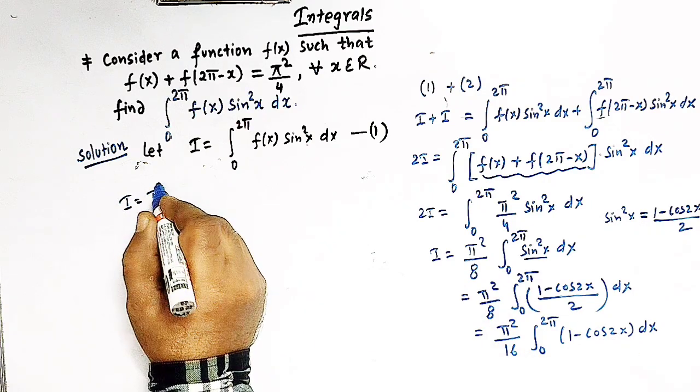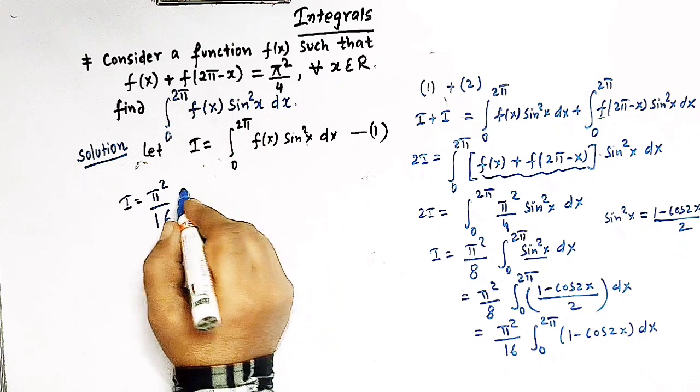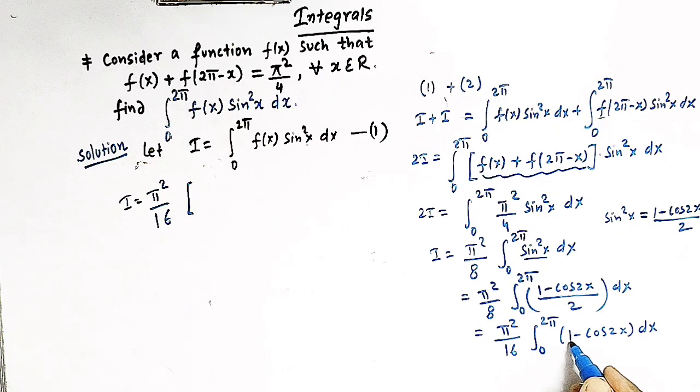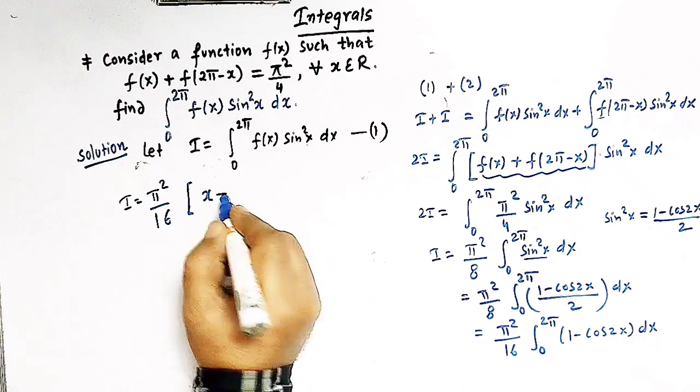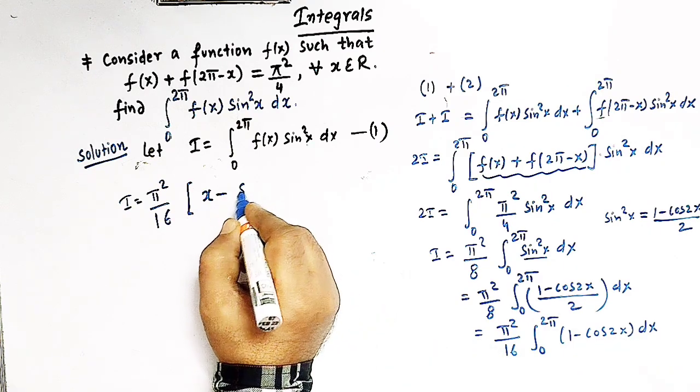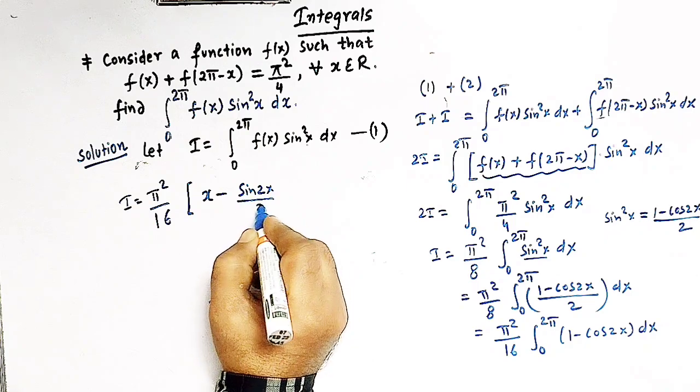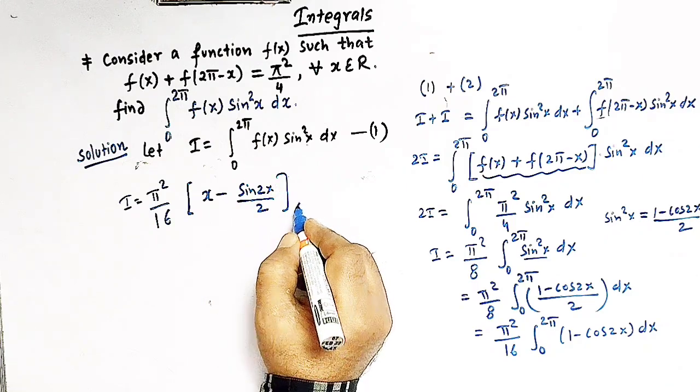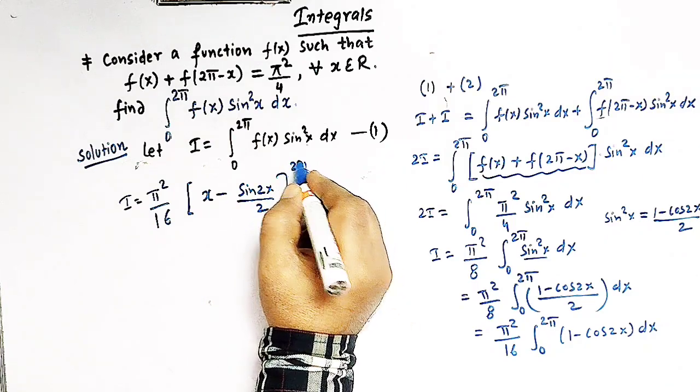So we have pi square over 16, and the integral of dx is x, and the integral of cos 2x is sine 2x divided by 2, with the limits from 0 to 2 pi.